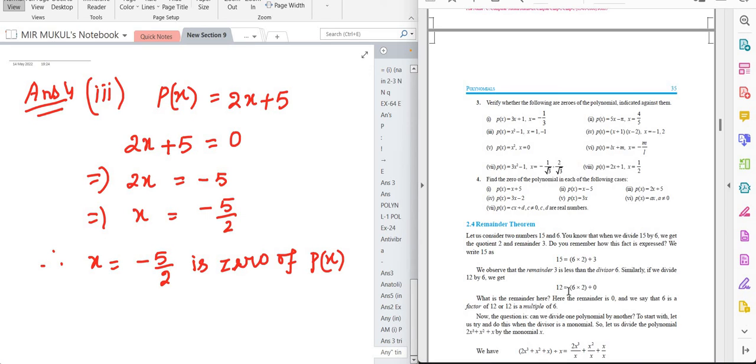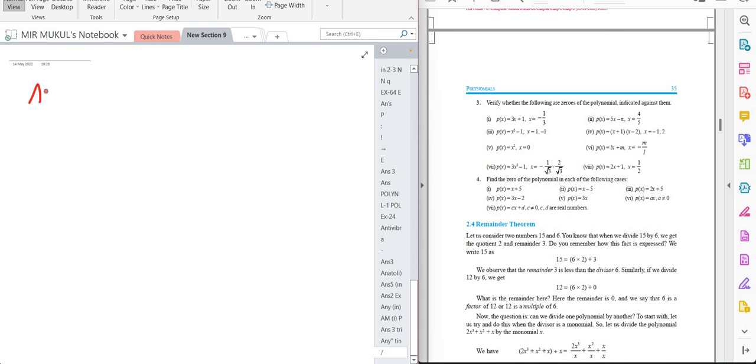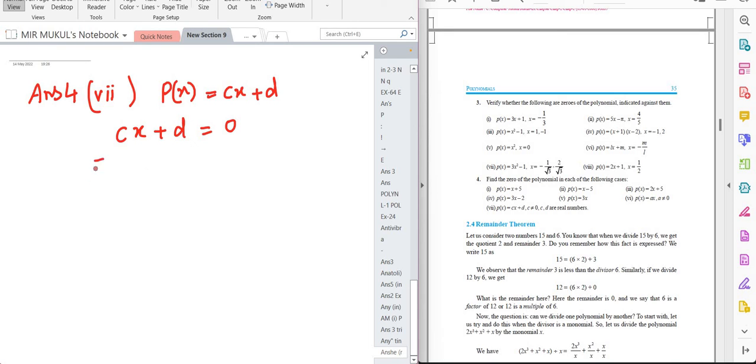a zero of P(x). And one last question I am showing, that is question number 4, the 7th. Answer 4. The seventh one, that is P(x) equals cx plus d, where c not equal to 0 and c and d are real numbers. So to find the zero, you have to write cx plus d equals 0.